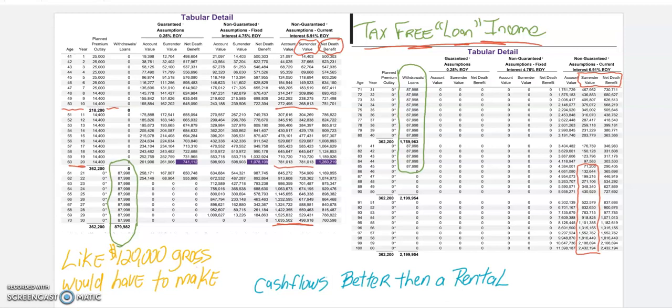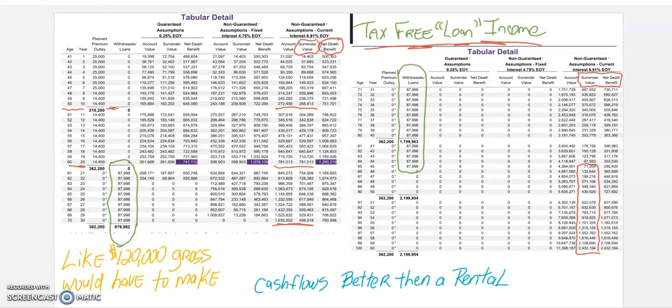So look down here. This is your planned premium outlay column. So at the end of 10 years, you have $218,000 of premium you have paid in. Now, if you look over here, you actually have an account value of $272,000 and a surrender value. That's basically what's called your liquidity that you can borrow from column. You have $268,000 in there.